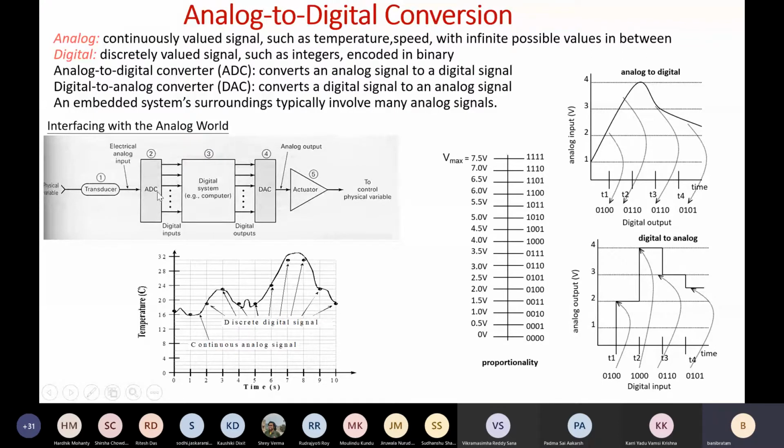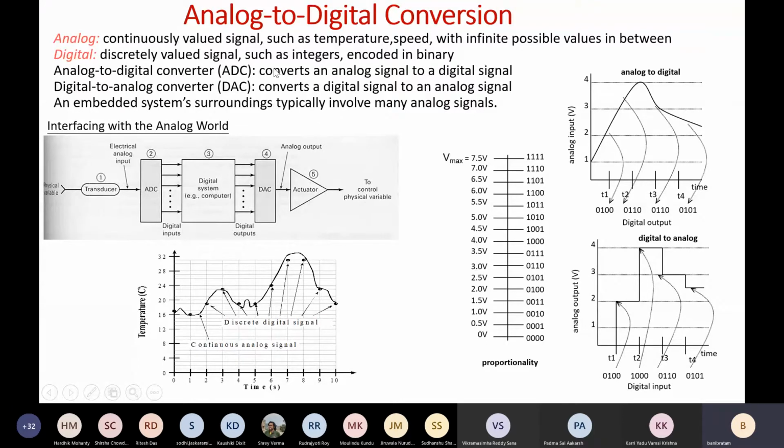Now, depending on our requirement, when we deal with embedded control system applications, the embedded system has to interact with the real world or the physical world, where typically it needs to deal with the analog signal. But to make the analog signal compatible with the digital signal or the embedded system, we need to convert the analog signal into a digital signal using the ADC or the analog to digital converter.